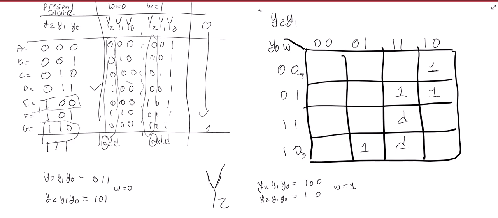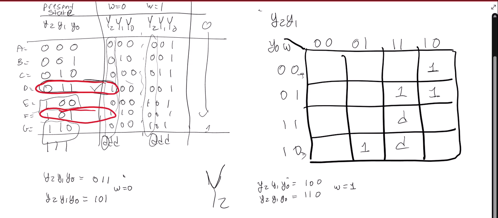And I think I have a mistake. Okay, so looking at this one right here, I'm just going to go through each one and see where I messed up. So Y2, Y1, Y0, first I was looking at this one right here. So I'm looking for a Y2 is 1.